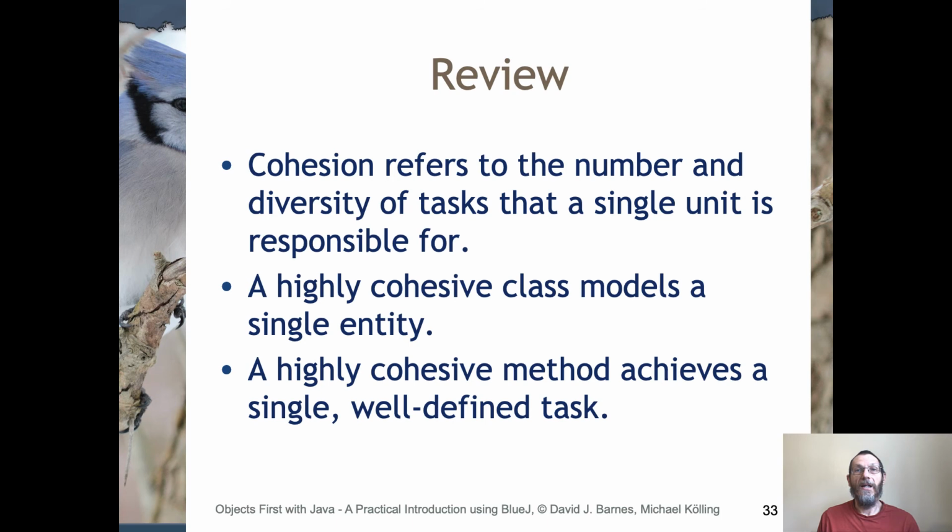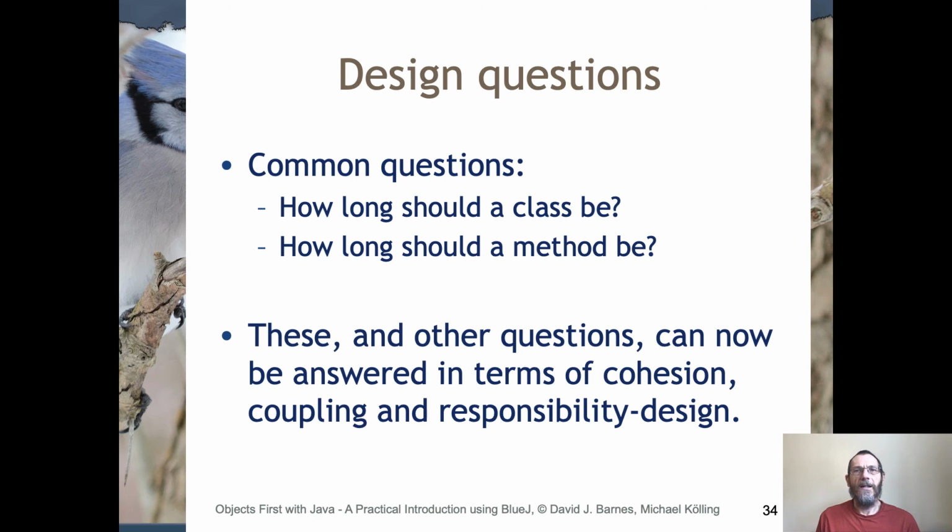As a review, we can say that cohesion refers to the number and diversity of tasks undertaken by a single unit. And a highly cohesive class is going to model a single entity, and a highly cohesive method achieves a single well-defined task. And this leads on to answers to some typical design questions. So for instance, people will often ask, well, how long should a class be?